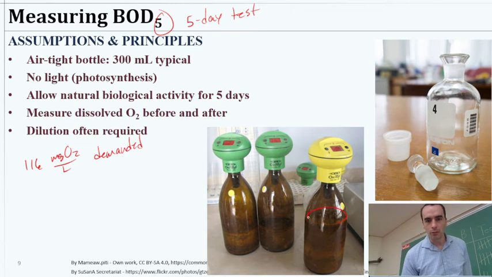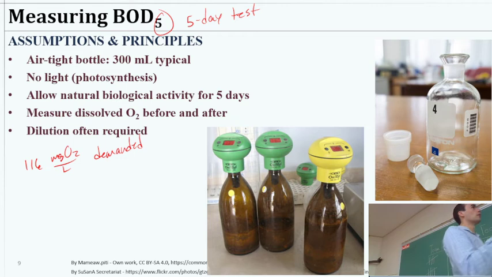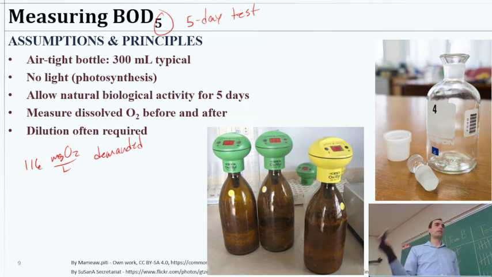You can see some in this one, but it's typical to avoid headspace so you don't have an extra pool of oxygen in there. What you're measuring is just the oxygen in the liquid. But that limits you to about 8 to 10 milligrams per liter of oxygen, because that's your saturation of water. So you'd aerate it and then put the cap on and measure.